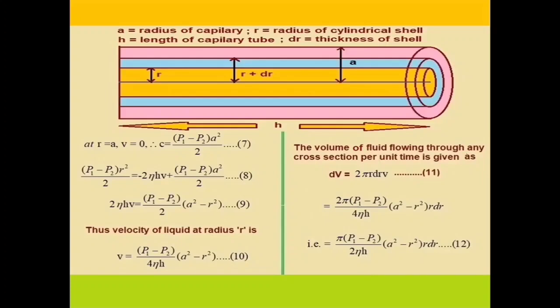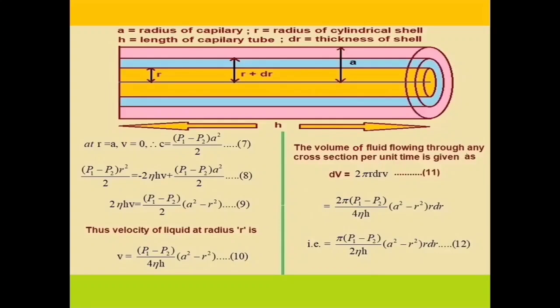Twice eta hv is equal to (P1 minus P2) divided by 2 into (a square minus r square). This is equation 9. Thus the velocity of liquid at a radius r is given as v is equal to (P1 minus P2) divided by 4 eta h into (a square minus r square), and this is equation 10.